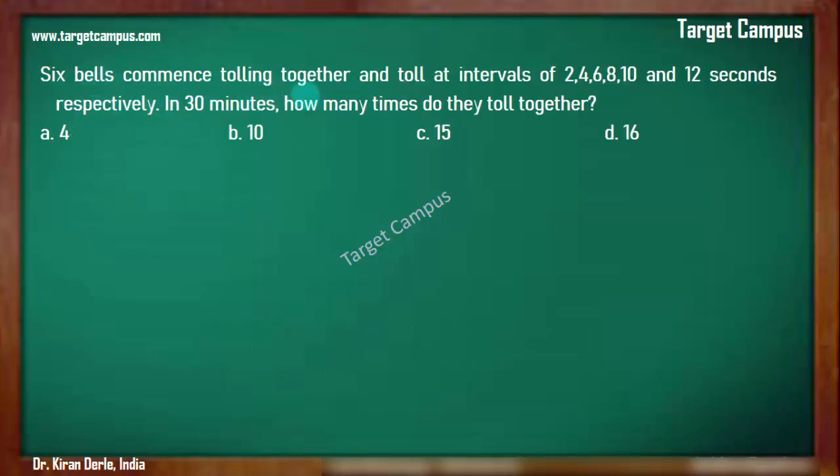6 bells commence tolling together. This is a very favorite question. So 6 bells toll together at intervals of 2, 4, 6, 8, 10 and 12 seconds respectively. In 30 minutes, how many times do they toll together?